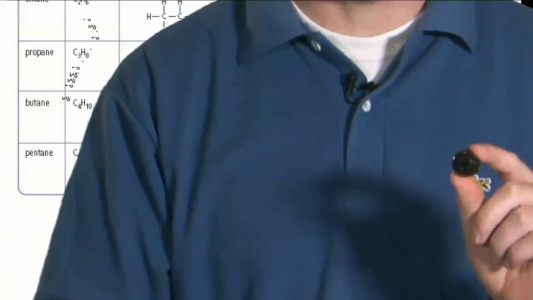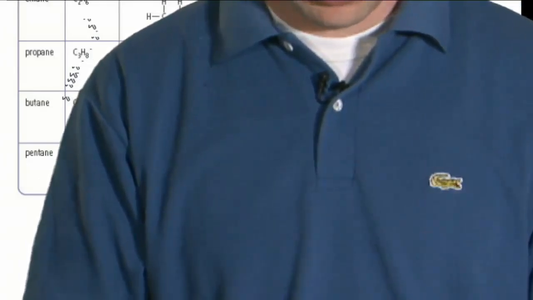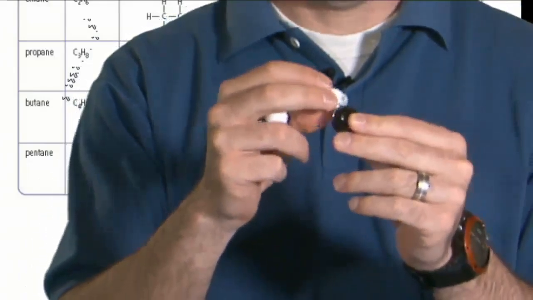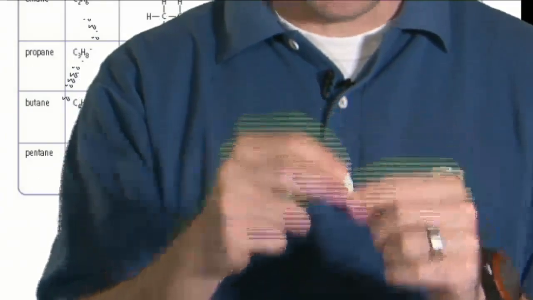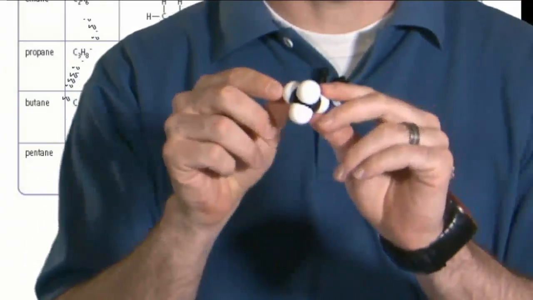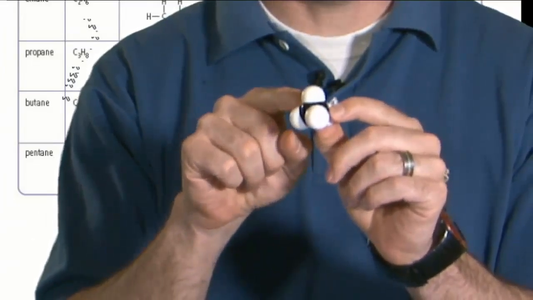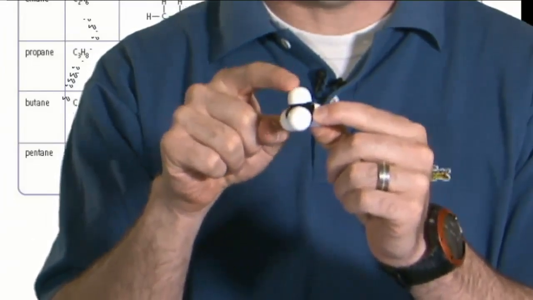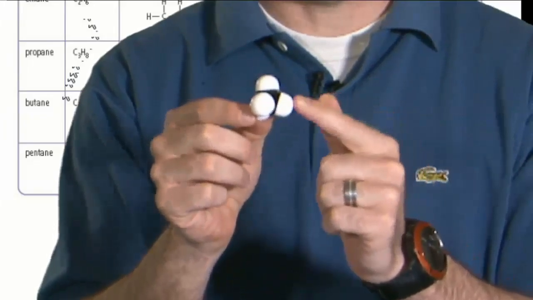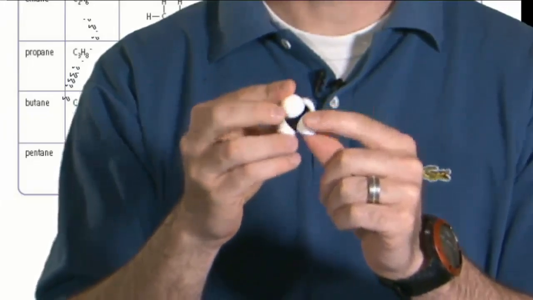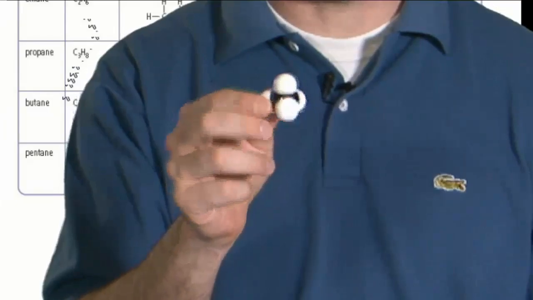If I dig into my kit and tack on little hydrogens on the outside, the white ones, I end up with this guy right here, and this is what methane looks like. So it's C, one black one in the middle, and then I have 1, 2, 3, and 4 hydrogens.